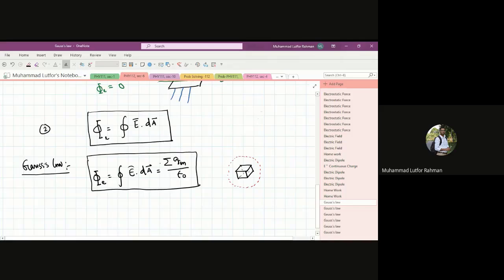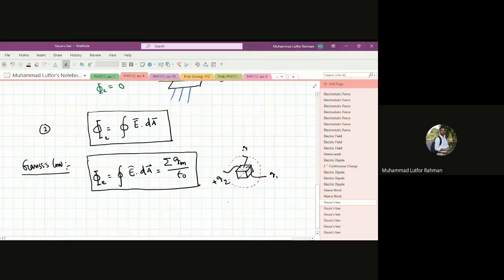So, I write this down. Look at this summation sign. Say if there is more than one charge over here, say Q1, some charge, with a minus sign, and then a plus Q2.